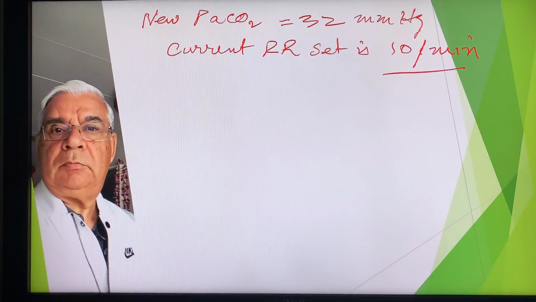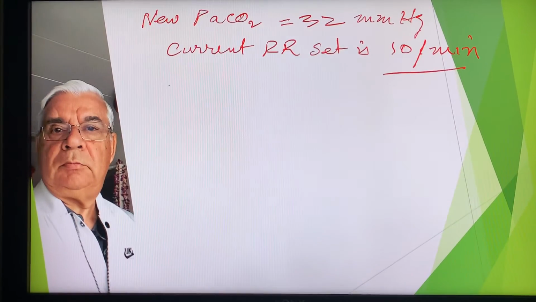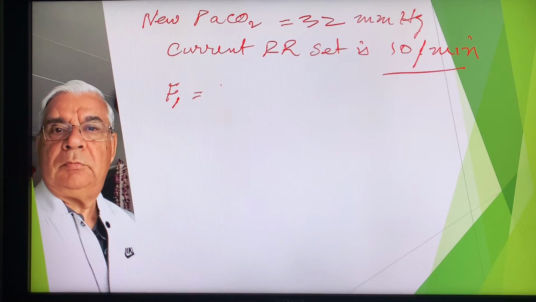So we call respiratory rate the frequency. Frequency 1 is equal to 10, which is the respiratory rate set, per minute.